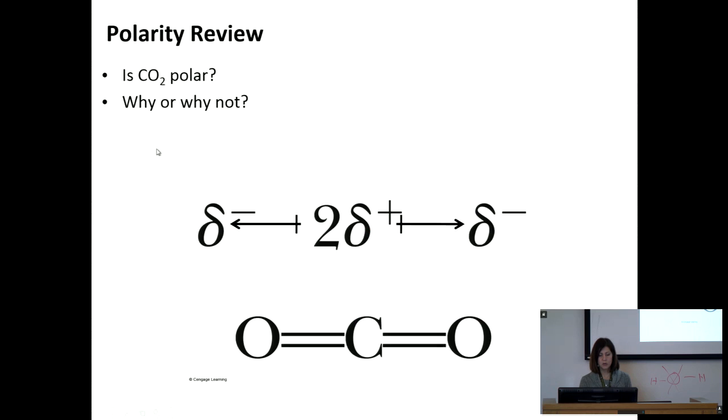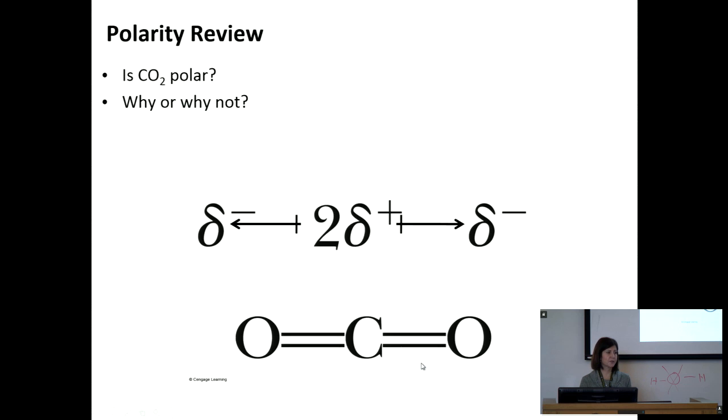All right, so carbon dioxide also has 2 bonds to oxygens. But is carbon dioxide polar? No. It's symmetric, right? So you have 2 equal and opposite vectors for dipole moment, and they cancel out.